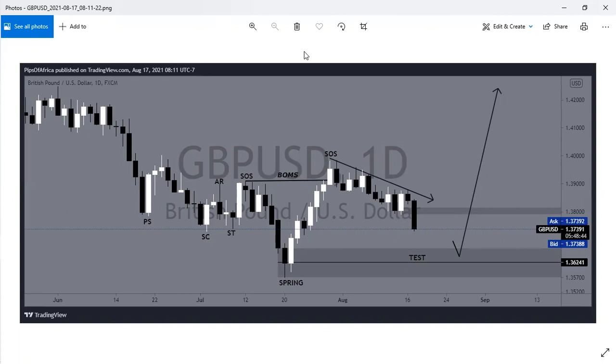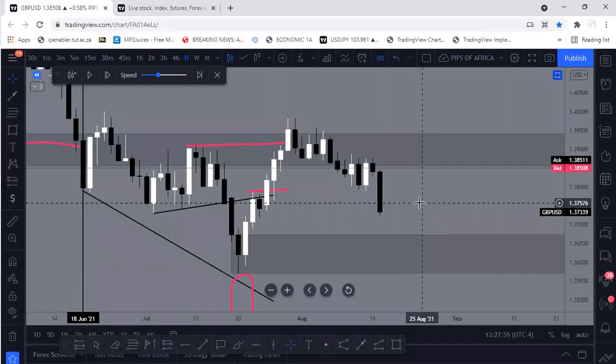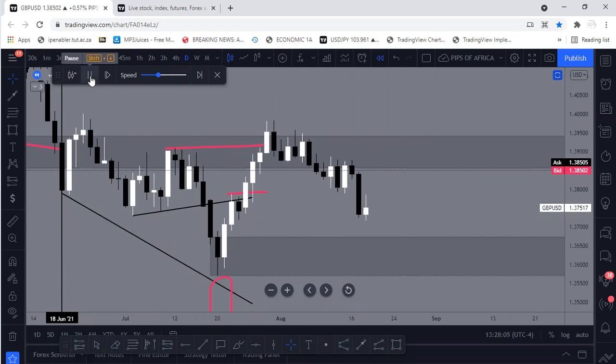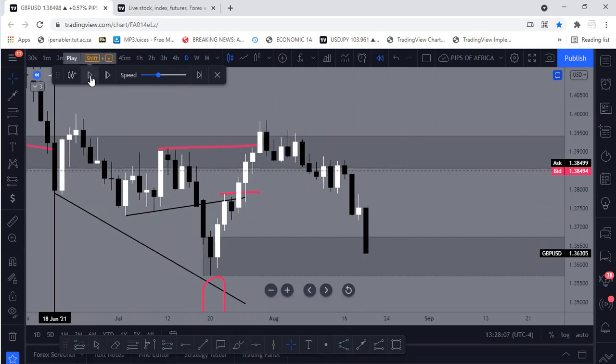Then let's go back to the chart. So here on the chart, I wanted to see the price come below here. Then I went to a smaller time frame, like the 1 hour time frame.